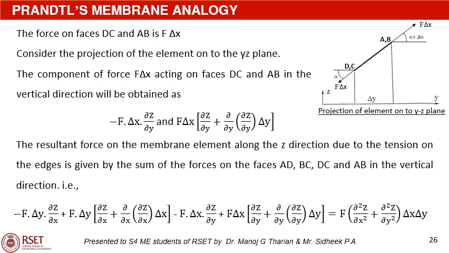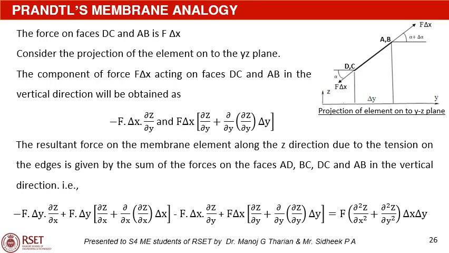As in the earlier part, the component of the force F delta x acting on the face DC and AB in the vertical direction can be obtained as minus F delta x into dou z by dou y and F delta x into dou z by dou y plus dou by dou y of dou z by dou y into delta y.